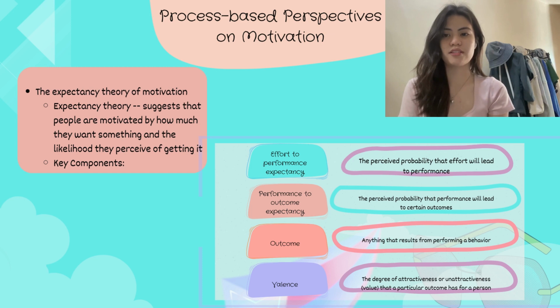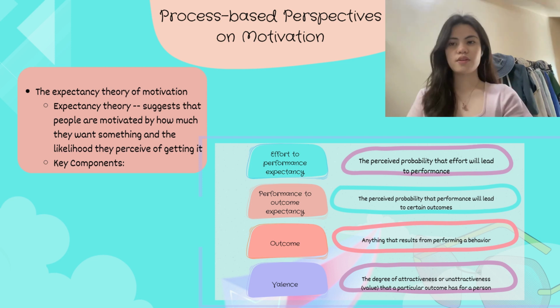The expectancy theory of motivation. Expectancy theory suggests that people are motivated by how much they want something and the likelihood they perceive of getting it. Key components: effort-to-performance expectancy, the perceived probability that effort will lead to performance.